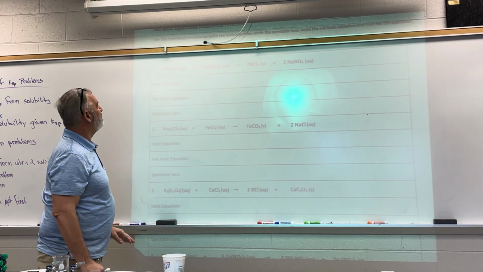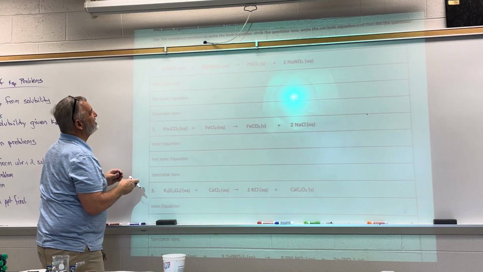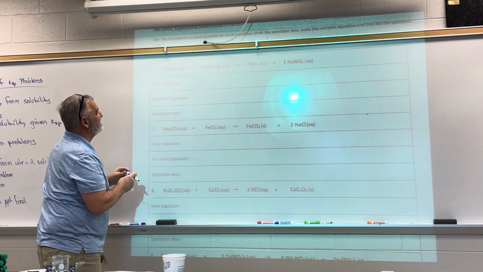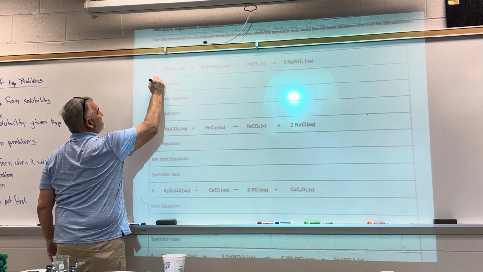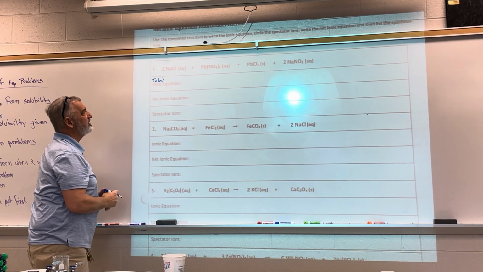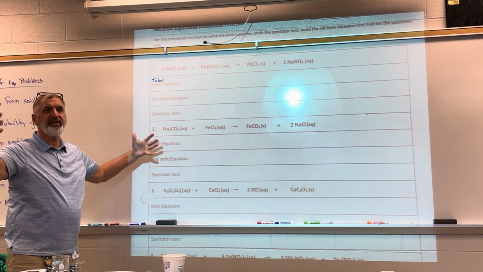We're going to assume, it doesn't say it on this particular one, but it just says the ionic equation, that this is the total ionic equation. That means you include everything.